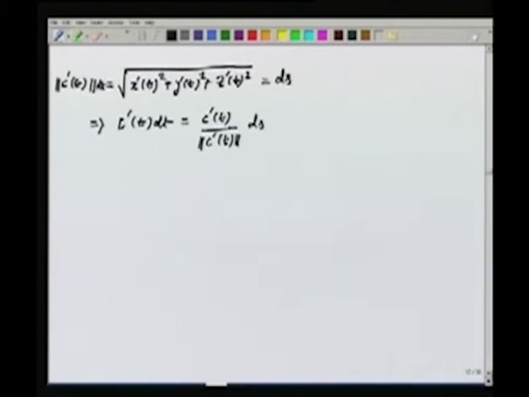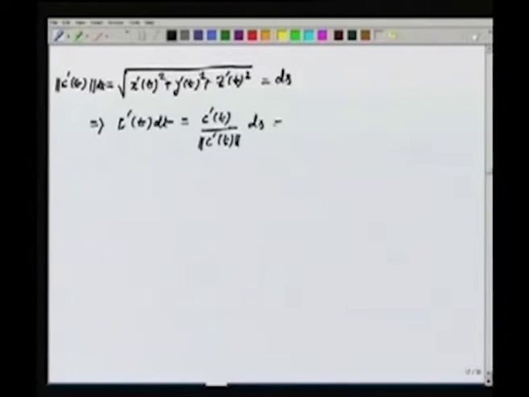Because ds is the norm of c prime t dt, so just formally look at it this way: dt equals ds by the norm of c prime t. So c prime t dt is c prime t by the norm of c prime t, ds. This is just a formal way of saying this, but by my definition of the unit tangent vector, this is T(t) ds.